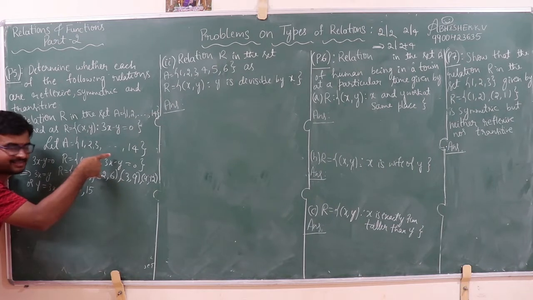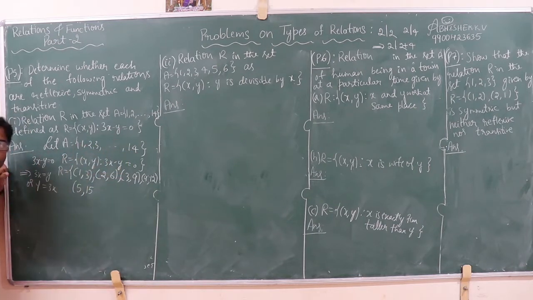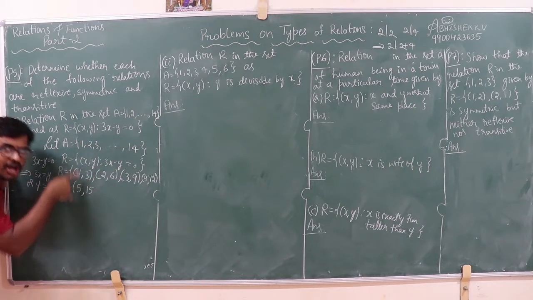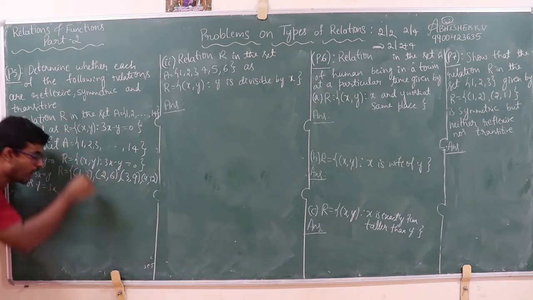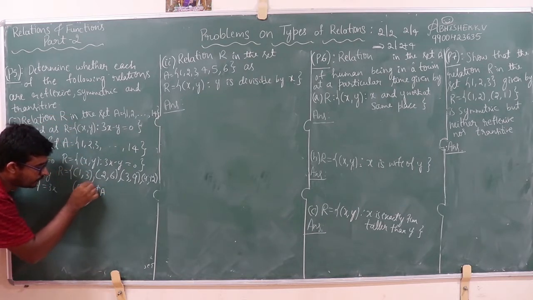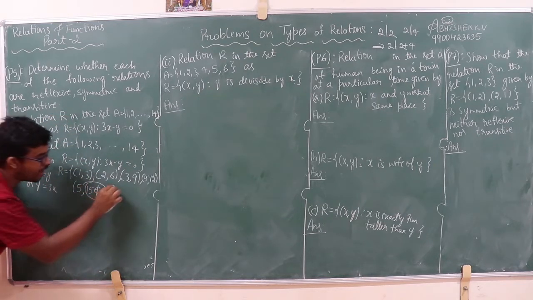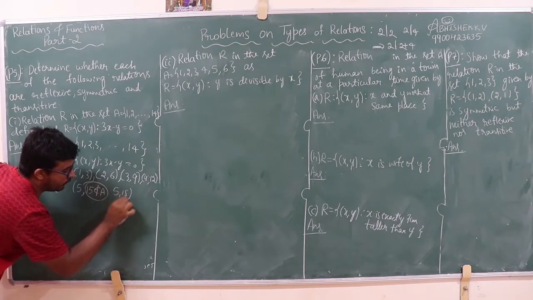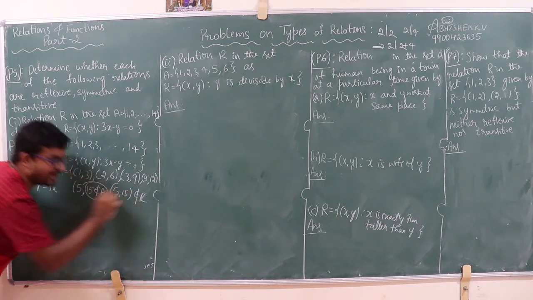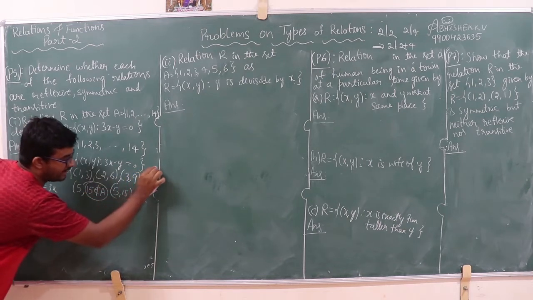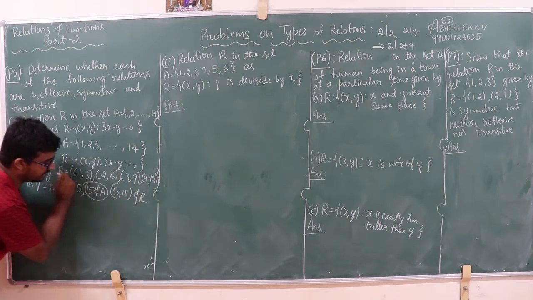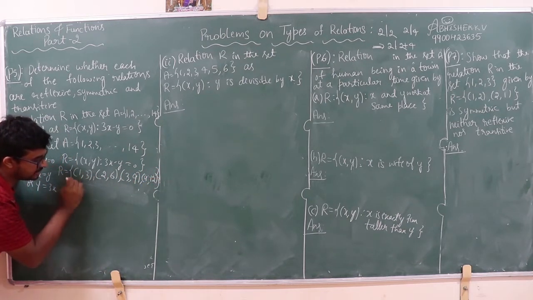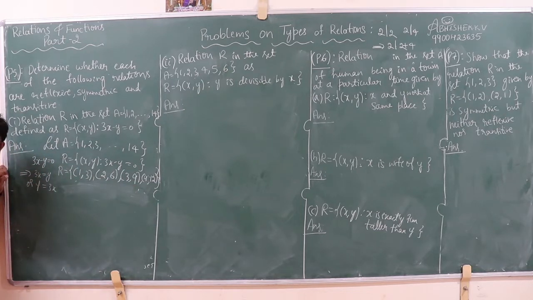This set contains the numbers from 1 to 14 only. Since 5 belongs to the set A, but 15 does not belong to the set A, the ordered pair (5, 15) does not belong to the relation. Therefore, our relation contains only these 4 ordered pairs according to the given relation.